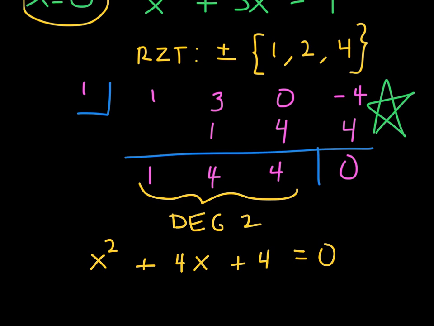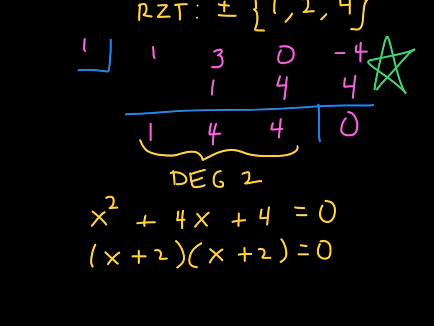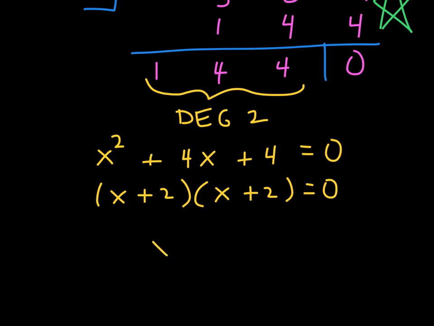Well, this is what's called a perfect square trinomial because it factors like this: x plus 2 times x plus 2. In other words, it factors as x plus 2 quantity squared is equal to 0. You call this a perfect square trinomial because it factors as the square of a binomial.